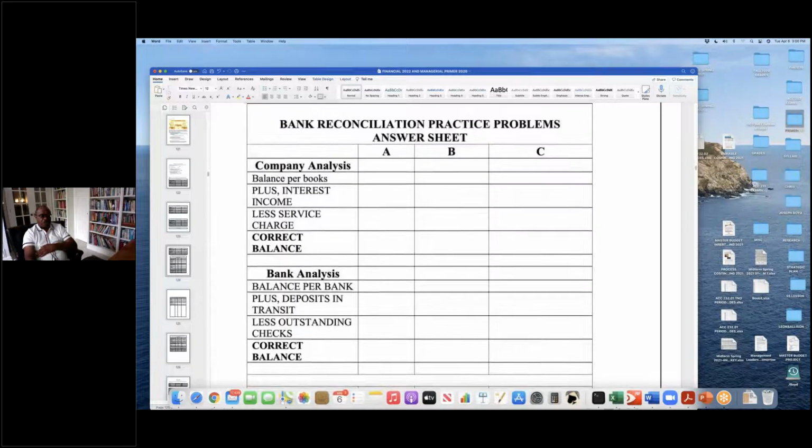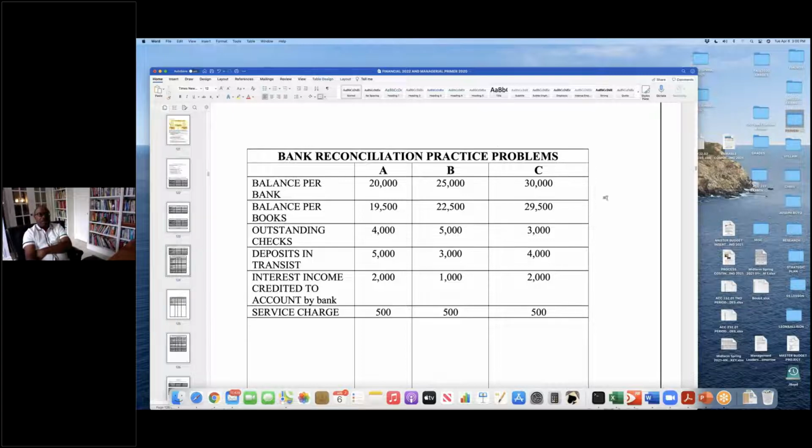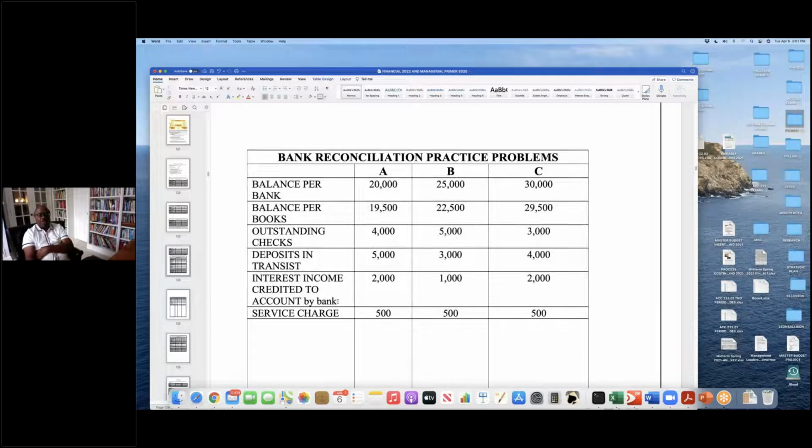Yep. So you got to put them in the right place. You got a balance per books and a balance per bank. You got outstanding checks, deposits in transit, interest income, service charge. So you got to put those in the right place so that the balances are the same.